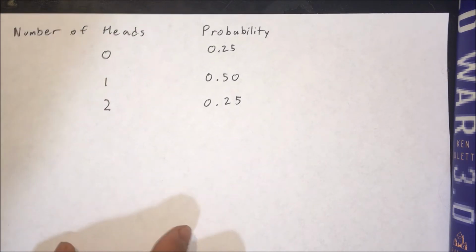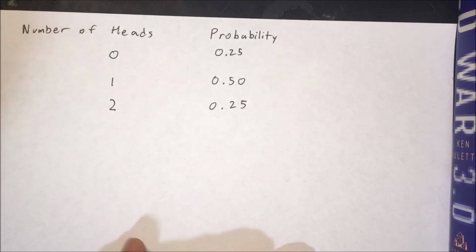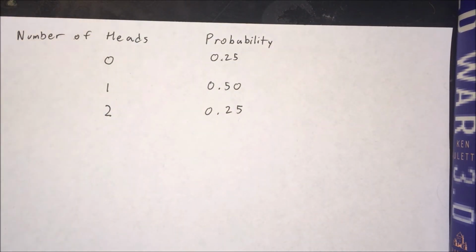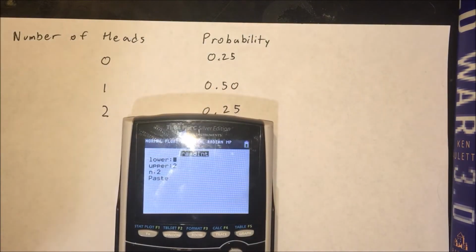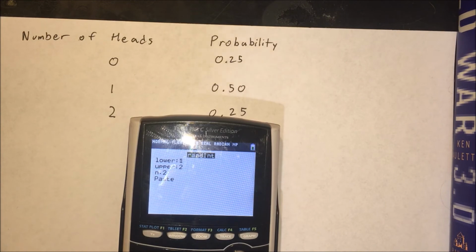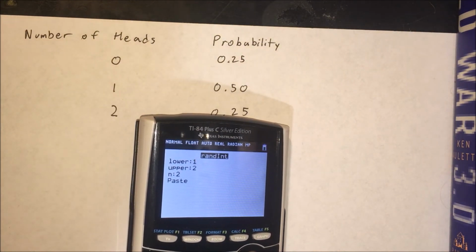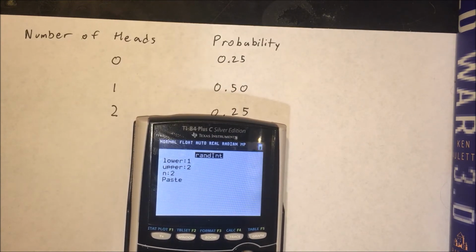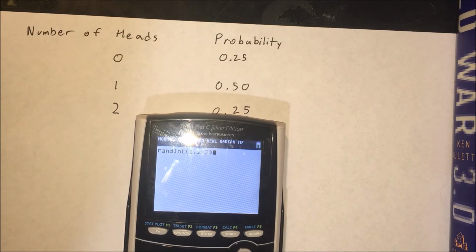This table, which associates each outcome with its probability, is an example of a probability distribution. If we had wanted to simulate this many times with a calculator, you may use the random integer function and assign an outcome of 1 to be heads. Run it with n as size 2 for the 2 coin flips for each simulated trial. You would do this many times and the recorded data may serve as your simulation.